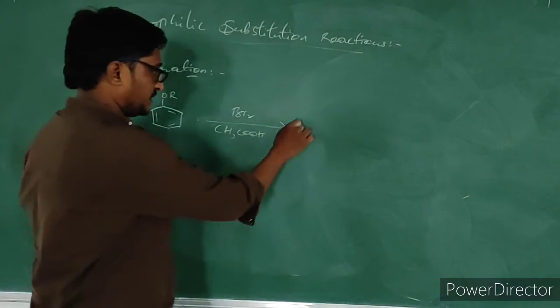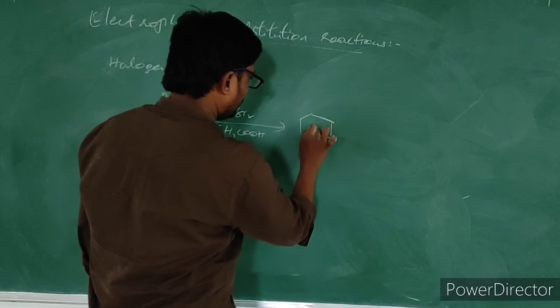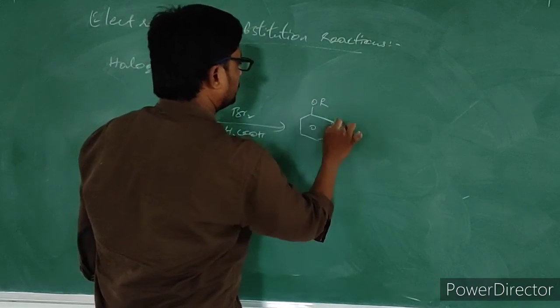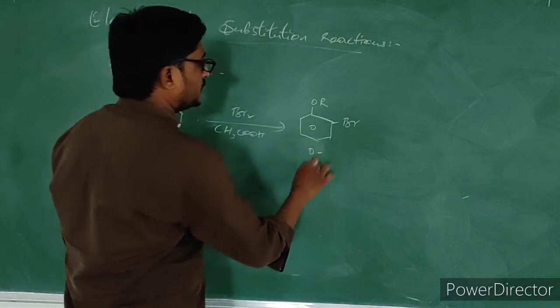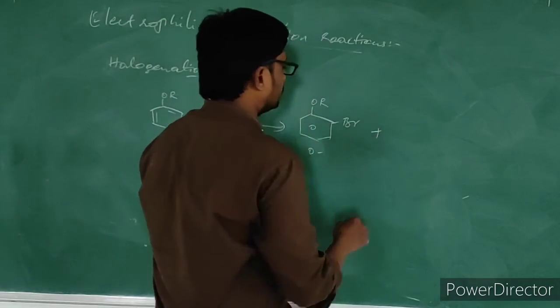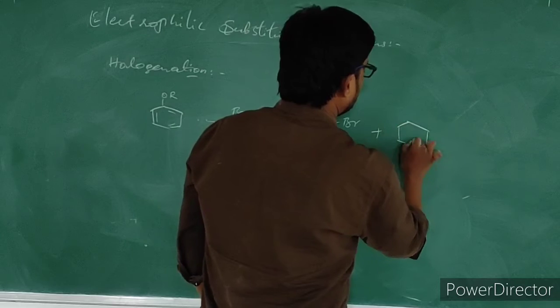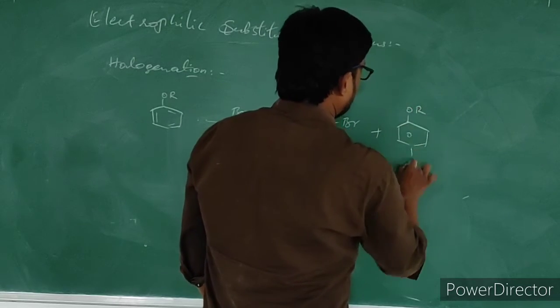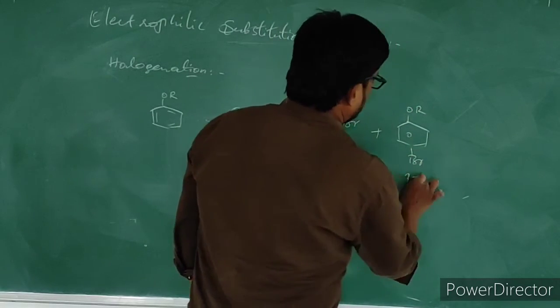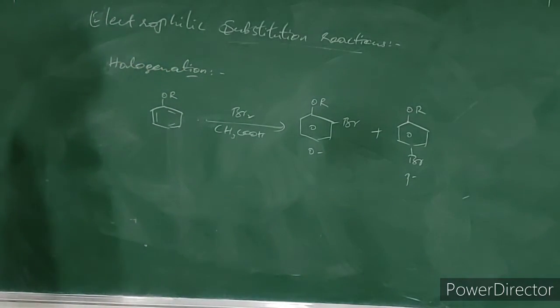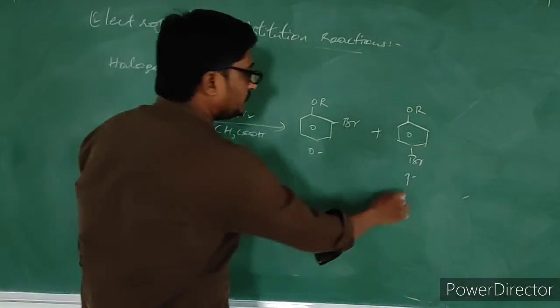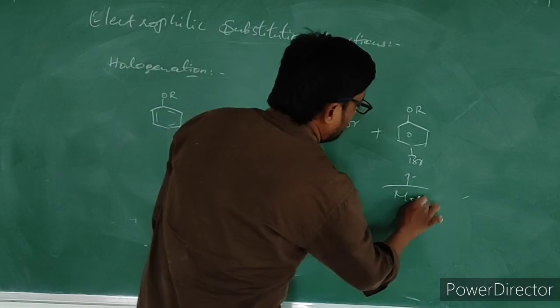Then the products which get produced are the ortho product and the para product. Among these two products, the para product will be the major product.